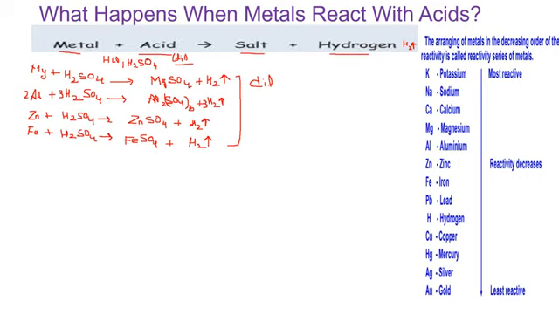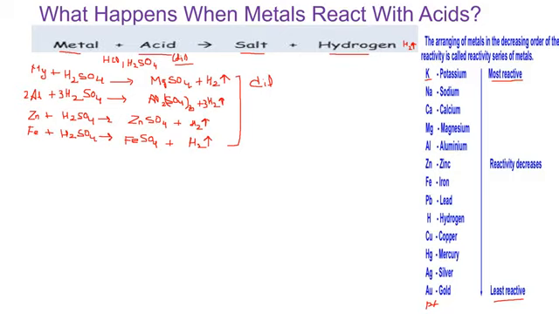This is a reactivity series in which all the elements are arranged according to the decreasing order of reactivity. Here you can see potassium is the most reactive element, whereas if you go down the reactivity series, gold, and after gold you can write Pt, platinum, is the least reactive element.